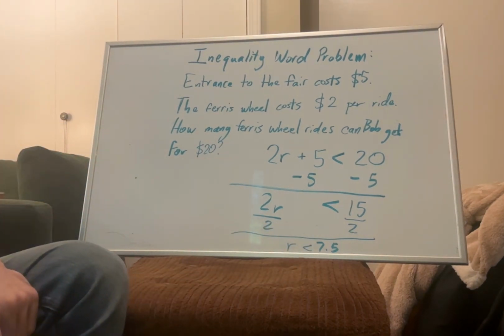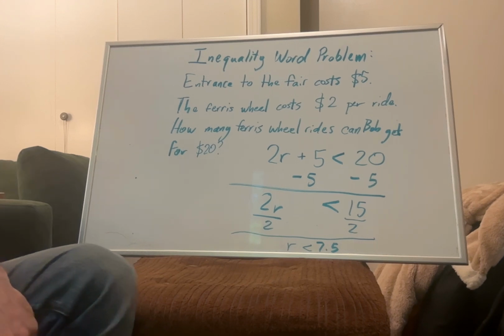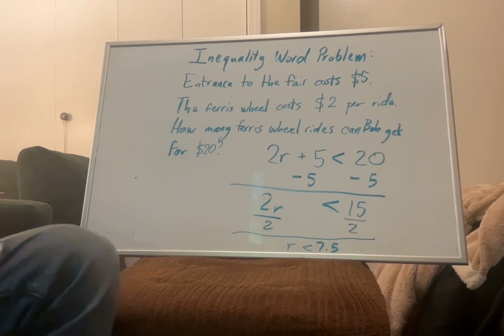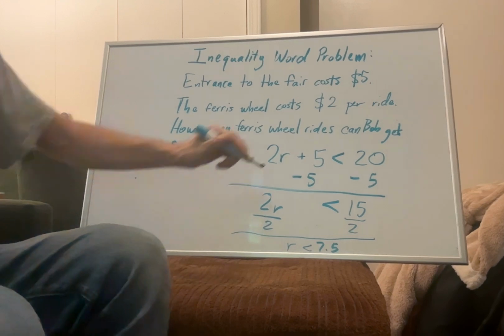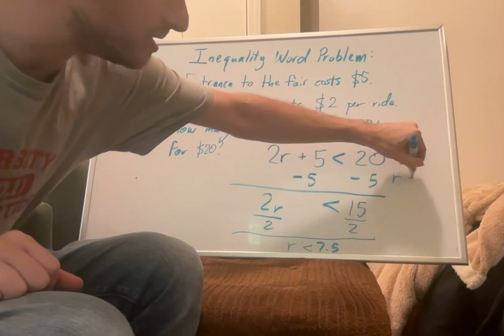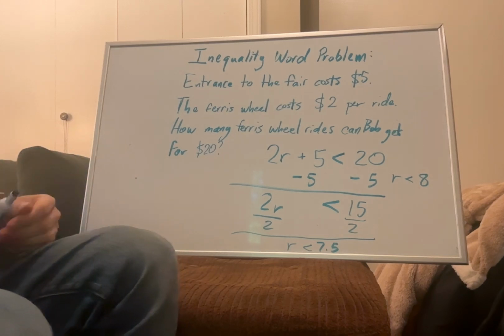So now, if we translate that into practice, Bob can never take half of a ride. So an equivalent statement in this case, we could write it two different ways. We could either leave it in this form, or we could say that r is less than 8, because we can't take fractions of a ride.